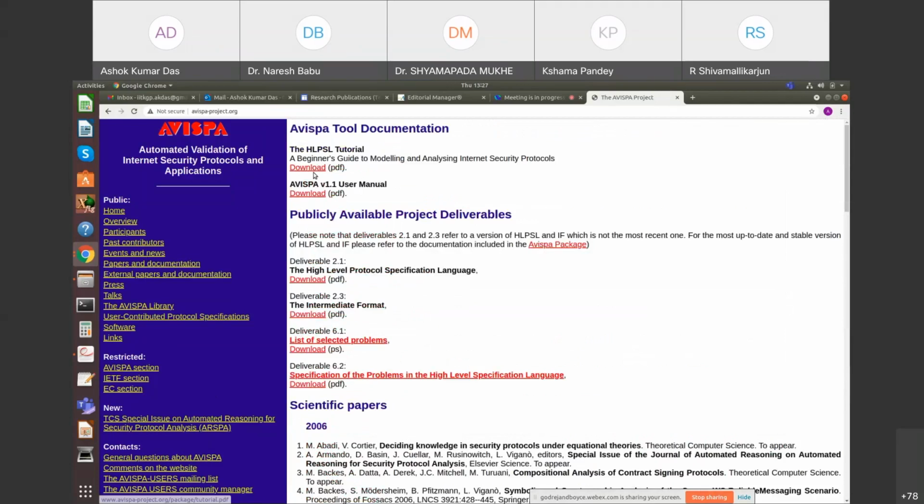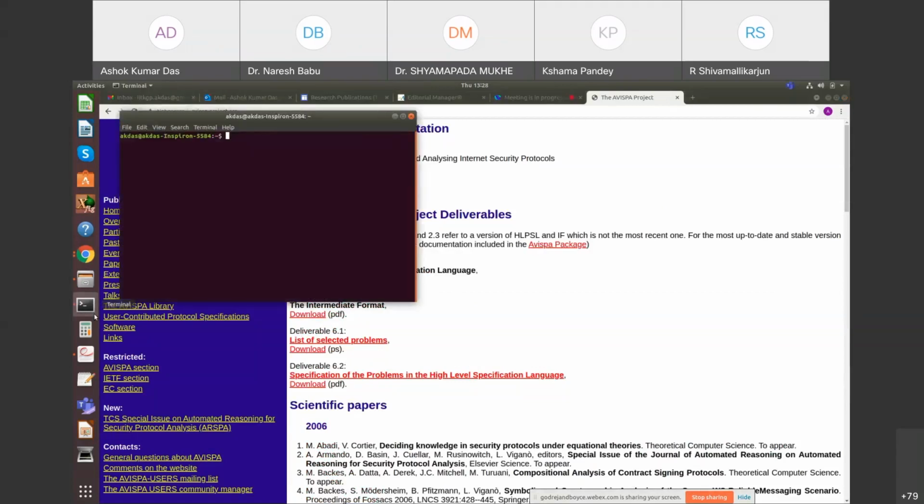Now let me give only a very brief overview of how we have designed our protocol here.